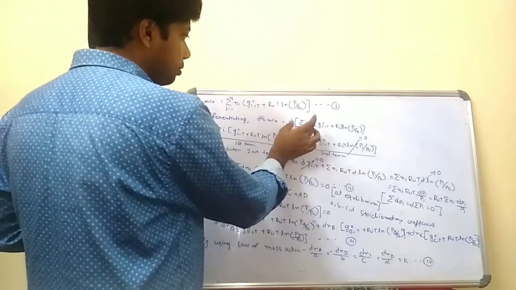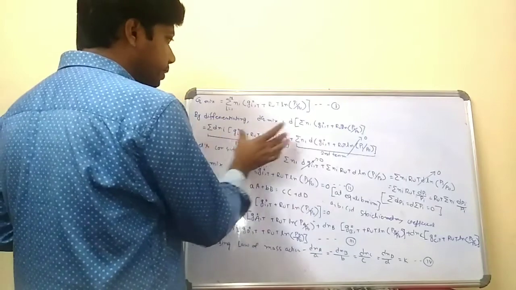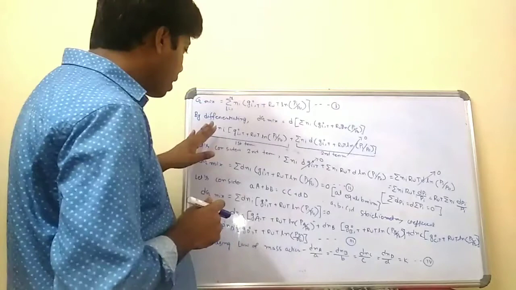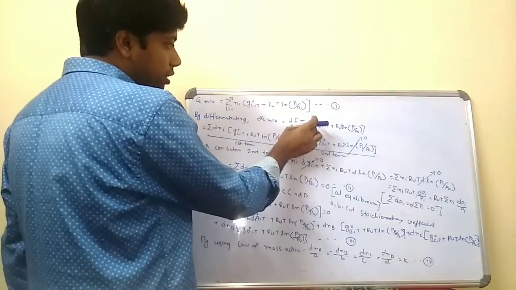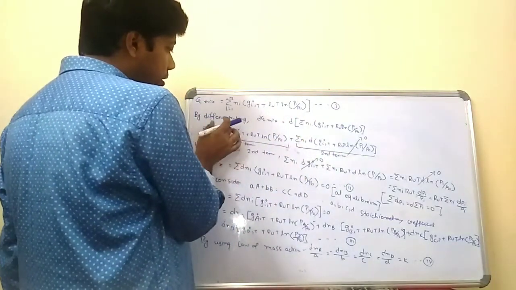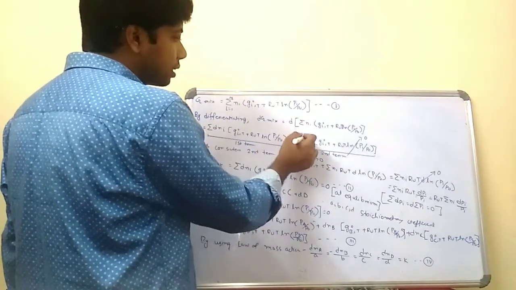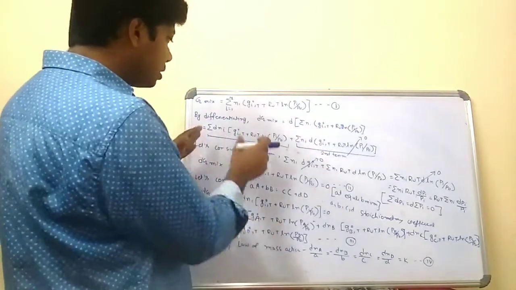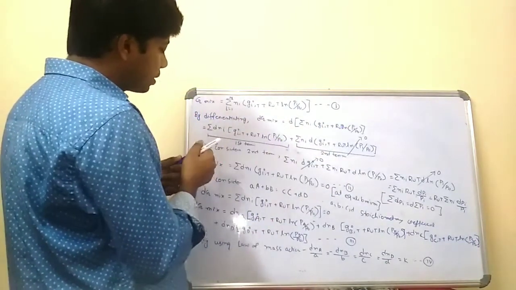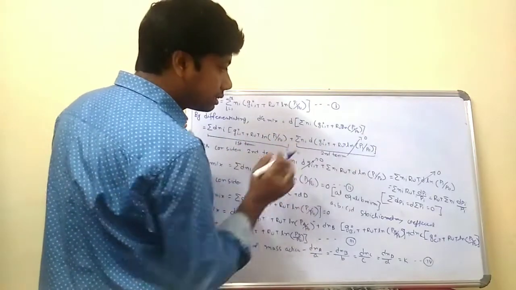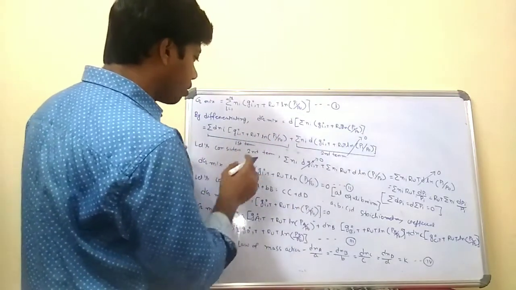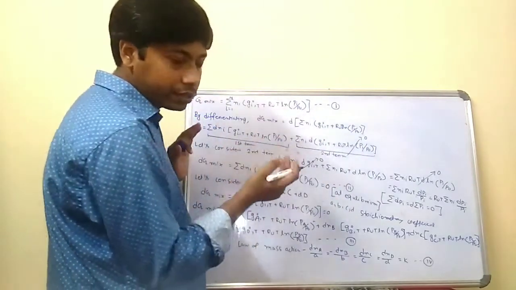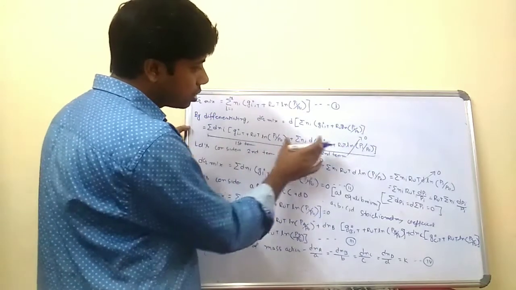When you differentiate a product, one factor is held constant while the other is differentiated. There are two terms, Ni and Gi, so you differentiate only one at a time: the summation of dNi times the first term, plus the summation of Ni times the differential of the second term. So this is the first term and this is the second term. Now let's consider the second term after differentiating the equation.